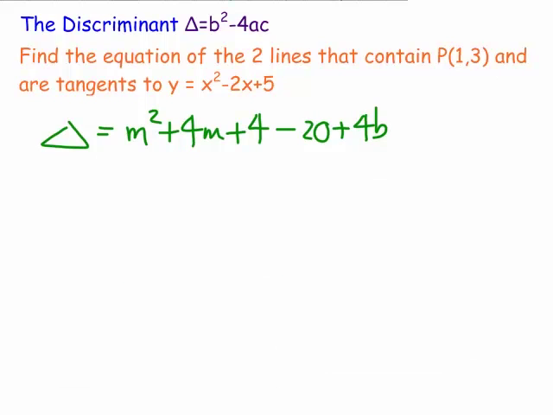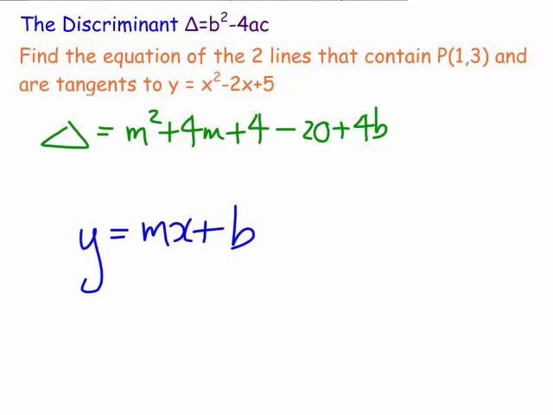Now, the only problem is, this is not really a quadratic in one variable, it's got two variables, so we have to go back and think: y equals mx plus b, and we know that the point (1, 3) lies on this line.